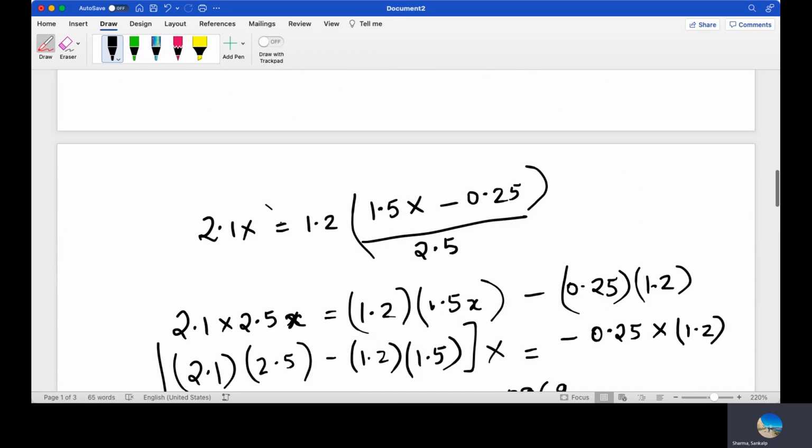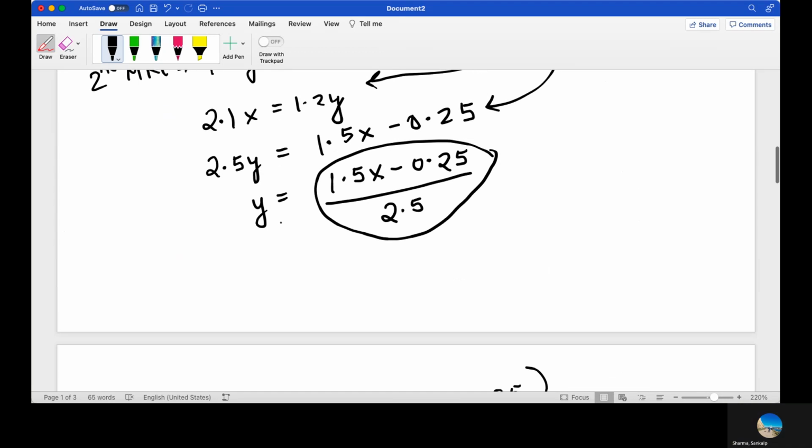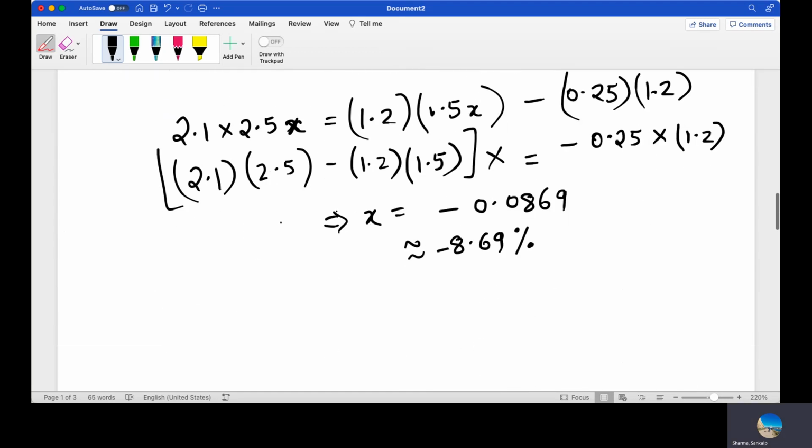So 2.1 times negative 8.69, or let me just use the actual decimal values for clarity, negative 0.0869.